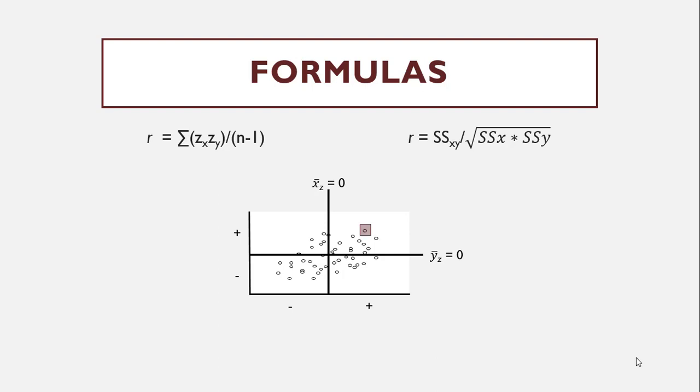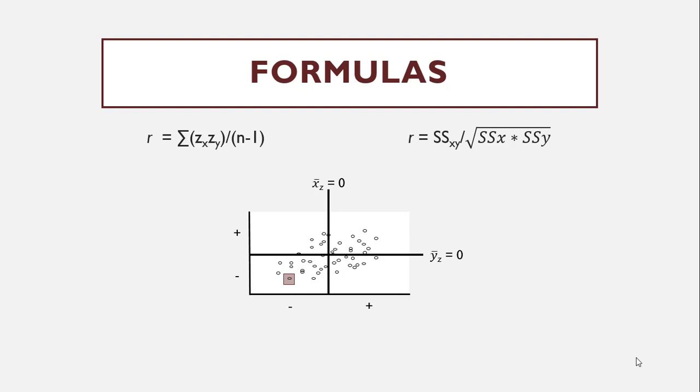What this means for us, let's look at this data point here. So this individual's score is above the average on X and above average on Y. And we're creating a product term, so the z-score on X times the z-score on Y for that person for the correlation. So when I multiply a positive number by a positive number, I end up with a positive number.